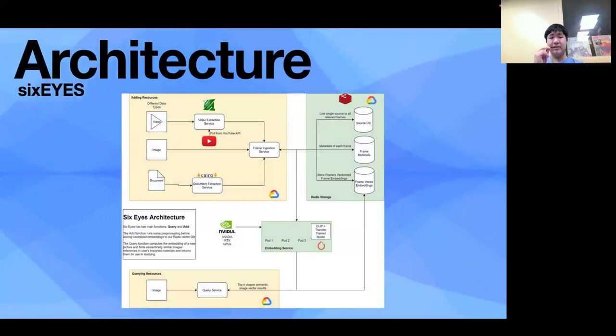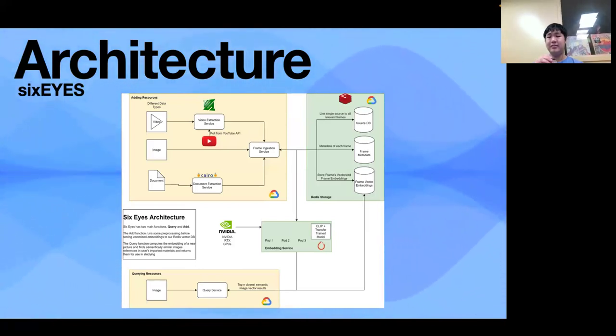Or it'll find the exact page in a textbook. Right, so the SixEyes architecture is based on different groups of cloud programs. On the backend side, we have our data storage, which is locally hosted or cloud hosted Redis storage on a cloud VM, and we have querying resources on that side.